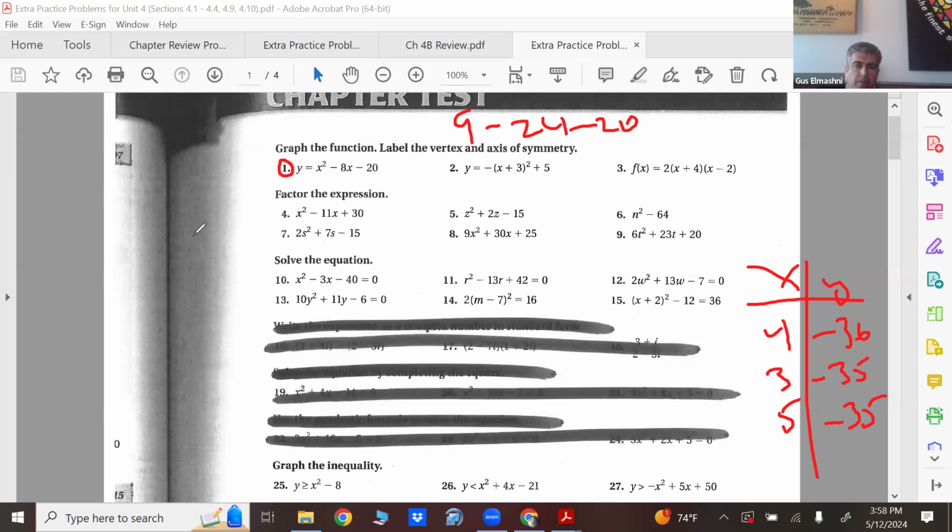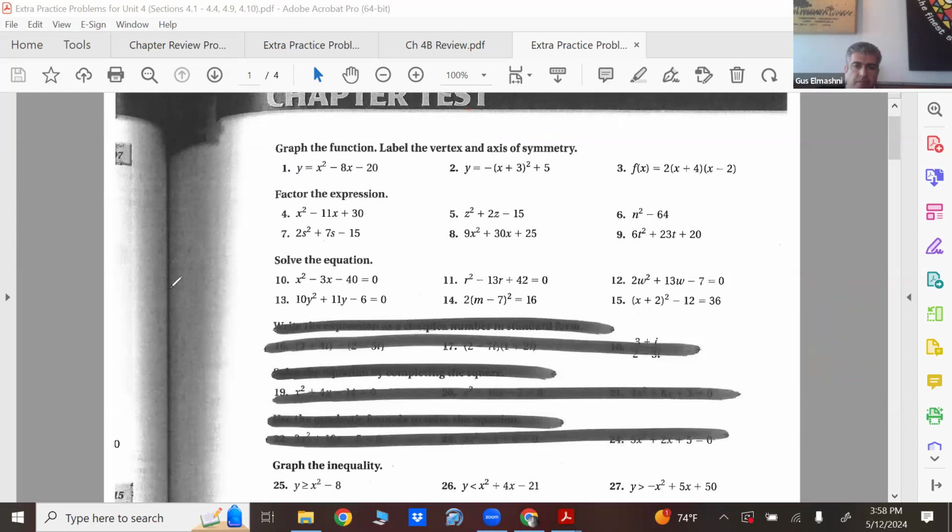Okay, let's move on to 2. Actually, you know what? Let's do another one just like it. All right, sounds good. I'm going to make a problem, just making up a new equation.